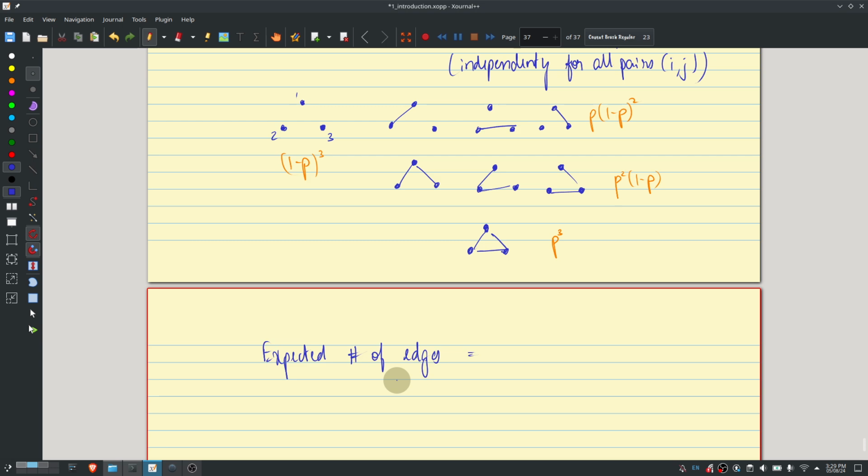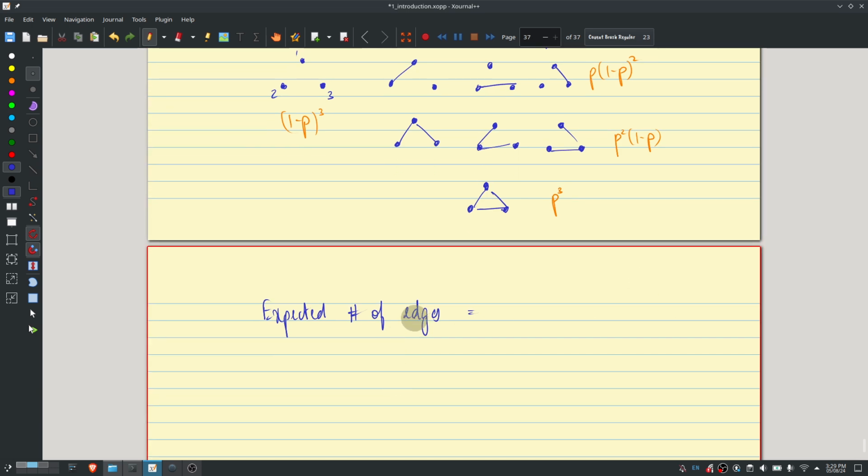Yeah, p times n choose 2. There are a total of n choose 2 possible edges. Correct. And each edge is present with probability p. Correct. So basically, what is the expected number of edges equal to?